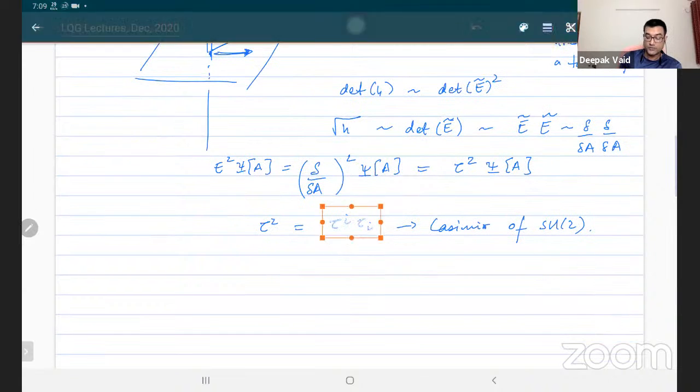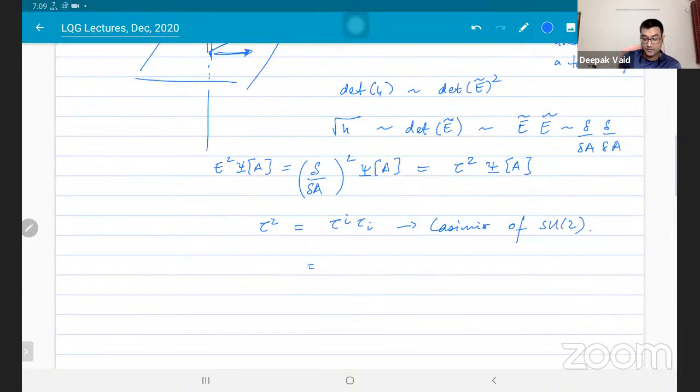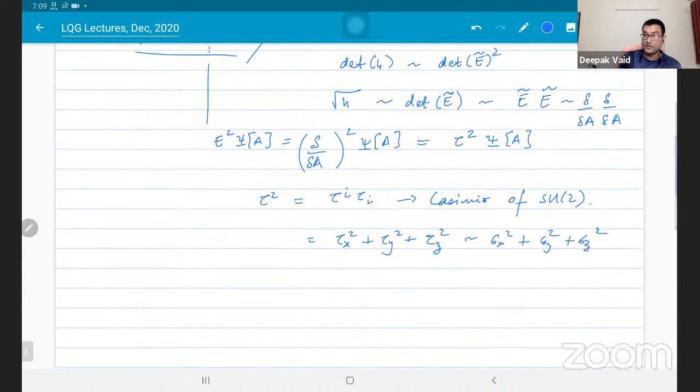This tau squared is just like L squared. It's tau x squared plus tau y squared plus tau z squared, or if you prefer, sigma x squared plus sigma y squared plus sigma z squared. It's like L squared.